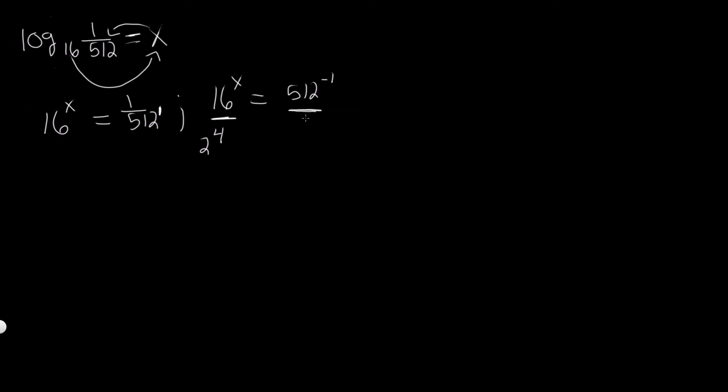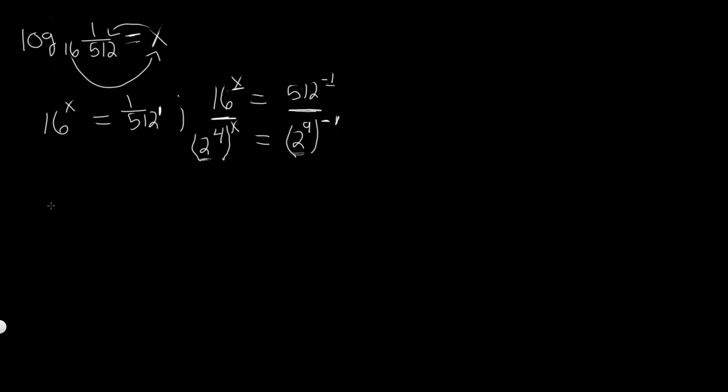And I also know that 2 to the 9th power is 512. So we have similar bases. We can't forget our exponents up here. So 2 to the 4th, raised to the power of x, and 2 to the 9th, raised to the power of -1.